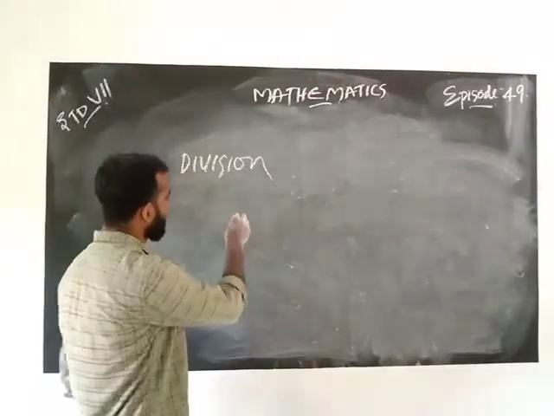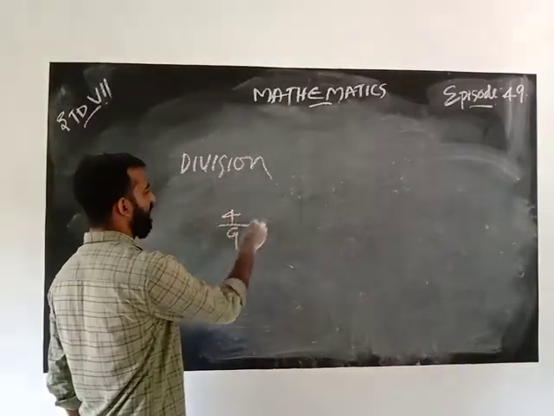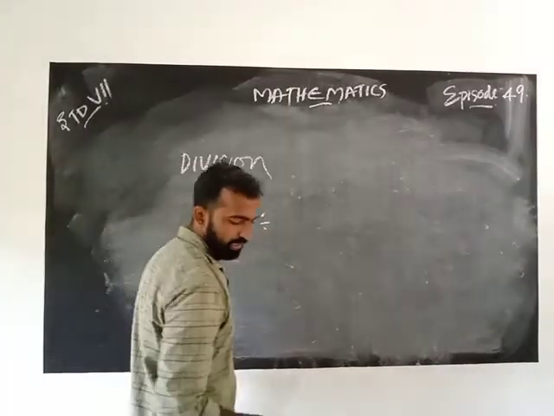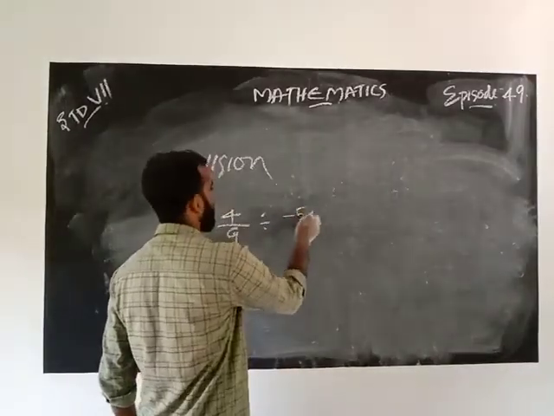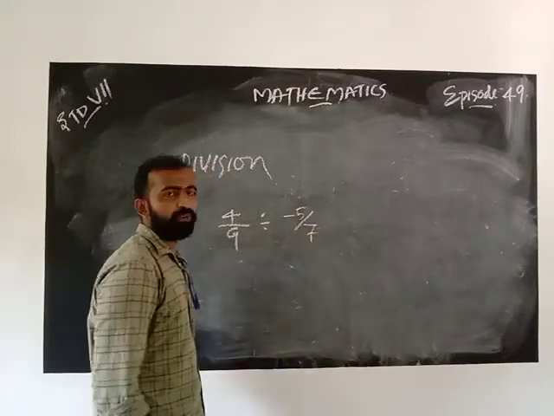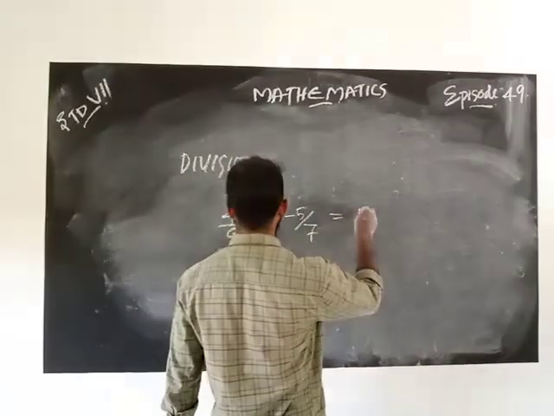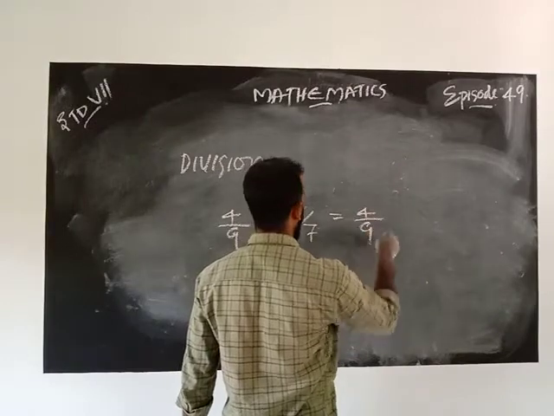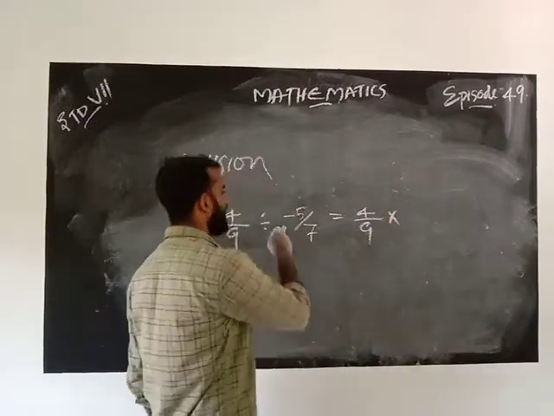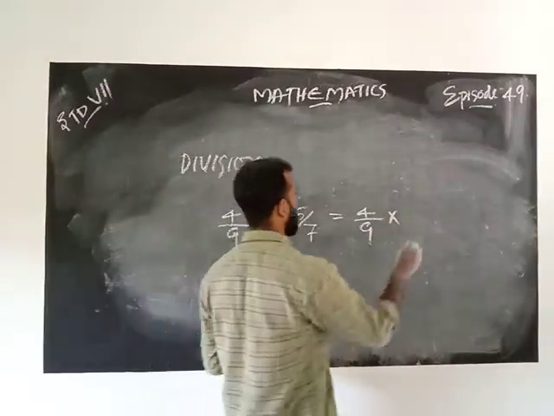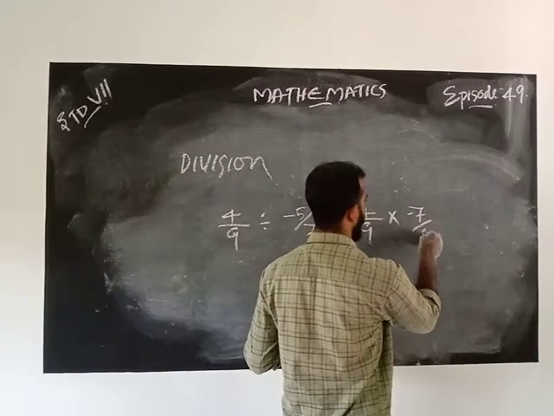Now we want to find the answer of 4 by 9 divided by negative 5 by 7. We get 4 by 9 into the reciprocal of negative 5 by 7, that is negative 7 by 5.